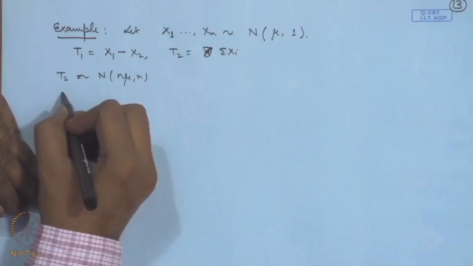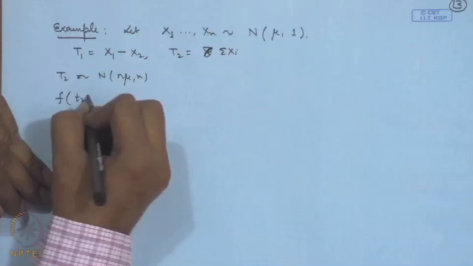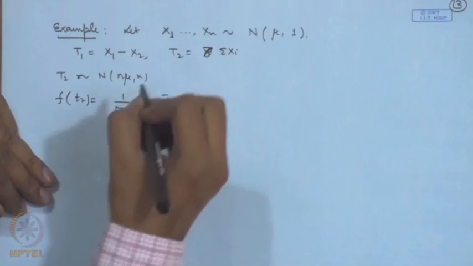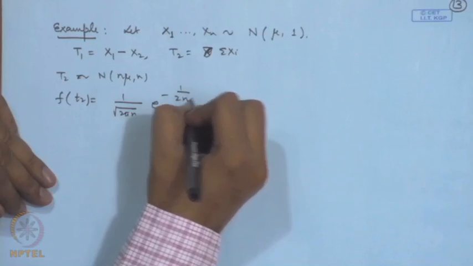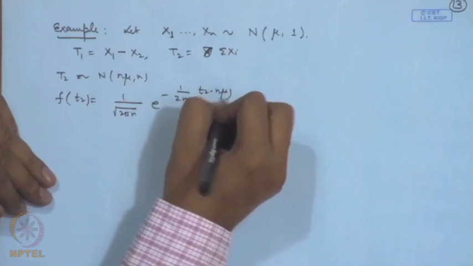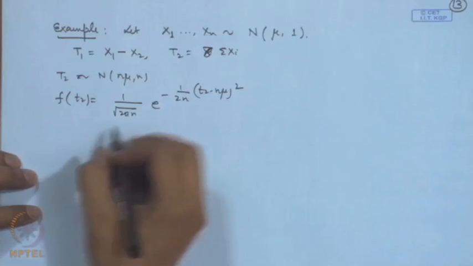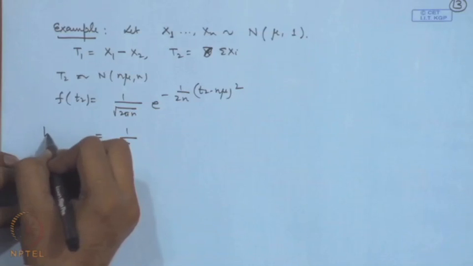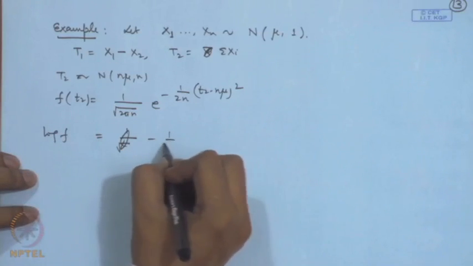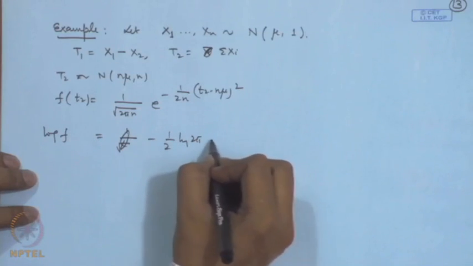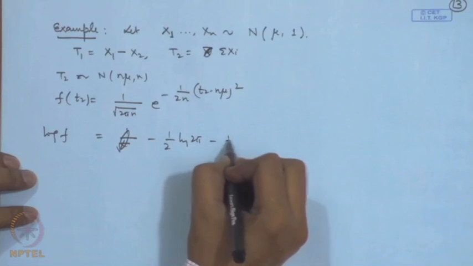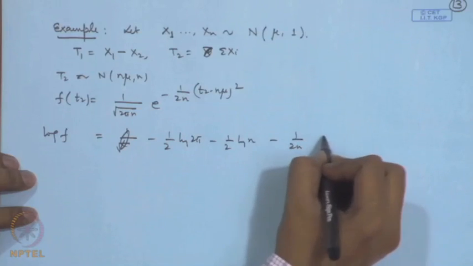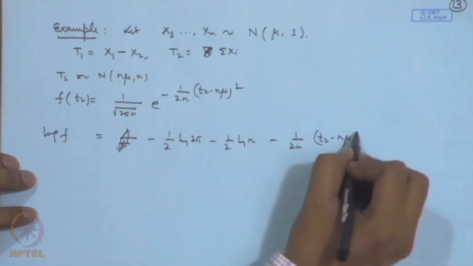If you want to write down the distribution of this, it is equal to 1 by root 2 pi n, e to the power minus 1 by 2n (T2 minus n mu) square. If I take log of f, I get minus 1 by 2 log of 2 pi, minus 1 by 2 log of n, minus 1 by 2n (T2 minus n mu) square.